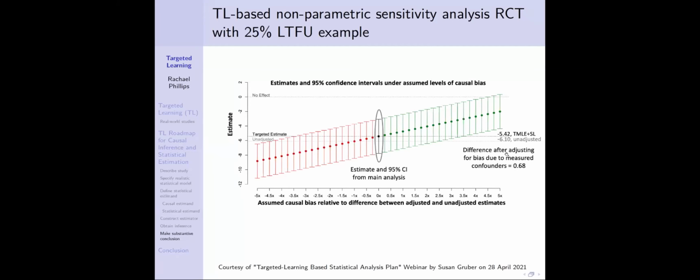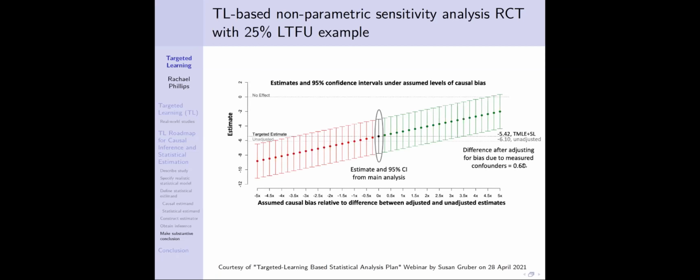So what's nice about using this 0.68 is that it shows us what difference is made after adjusting for measured confounding. So it's a nice way to parallel how much unmeasured confounding would be necessary relative to the measured confounding. And this is just one way to define a causal gap.